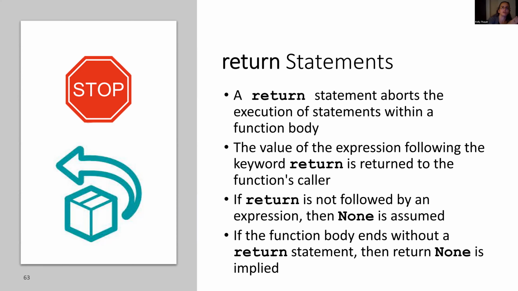Remember how the body of the function needs to be indented relative to the def line. So when the indentation stops being indented, it will assume that the function is over, even if you don't say so explicitly with a return. It's a good idea to put a return statement in your functions, especially when you're just getting started.